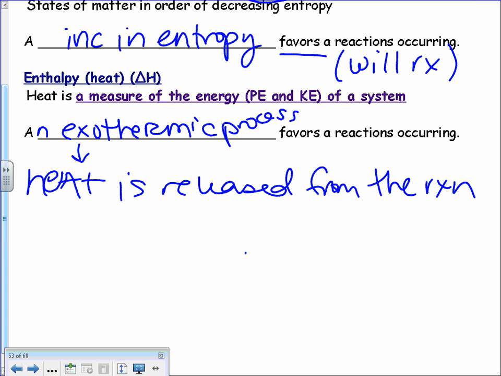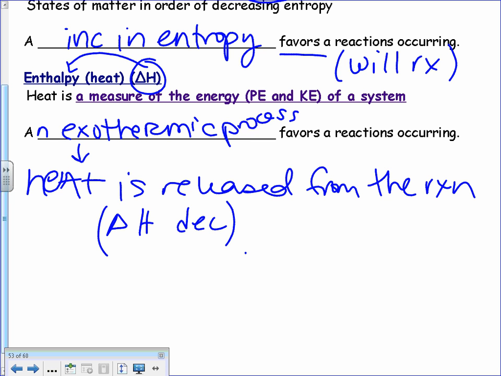So if energy is being released, do you think delta H is increasing or decreasing? It's decreasing, right? So a correlation of exothermic, heat's being released, delta H is decreasing.